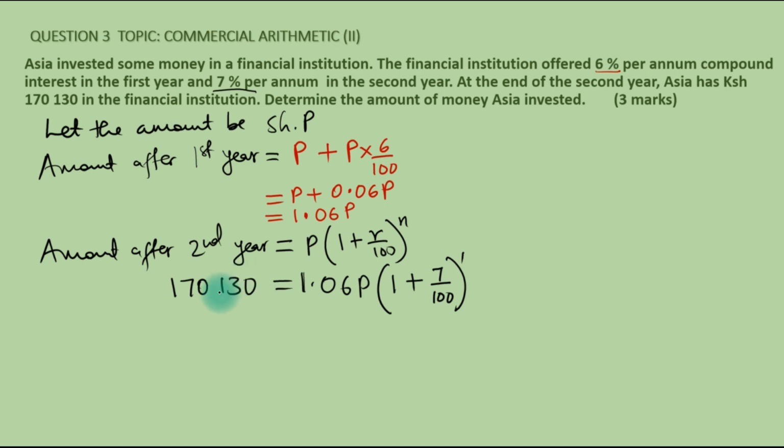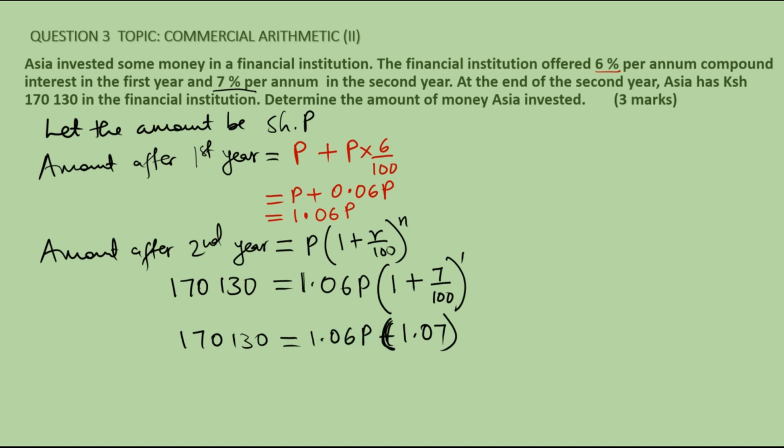So that is what it is. Therefore, we have 170,130 will be equal to 1.06 P, then this 1 plus 7 over 100, this will be 1.07. Actually, it's multiplication. We multiply.